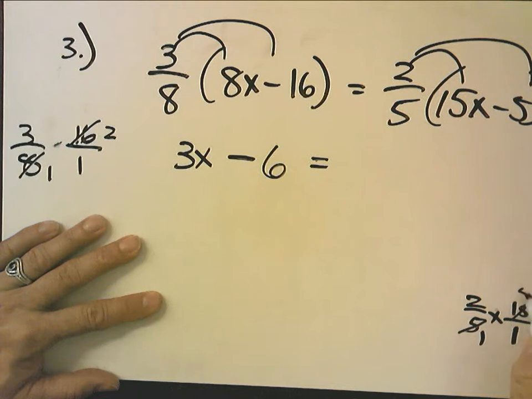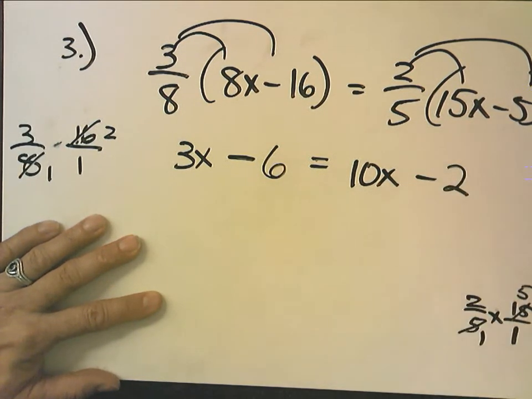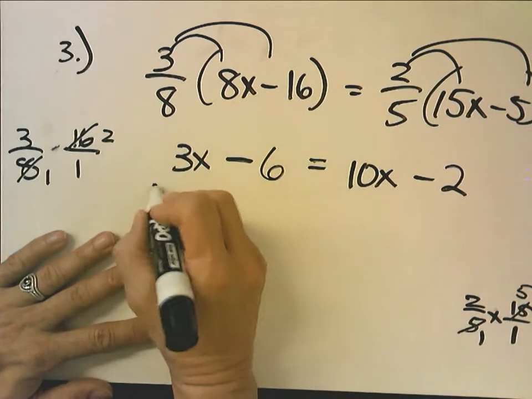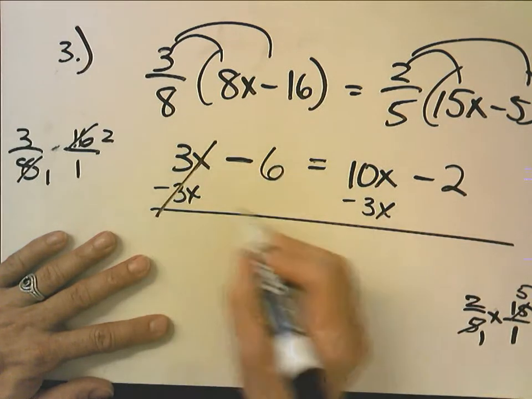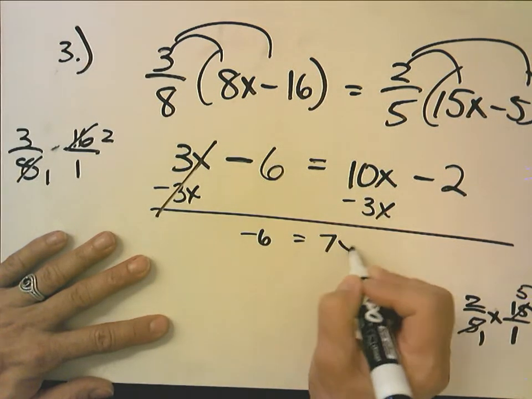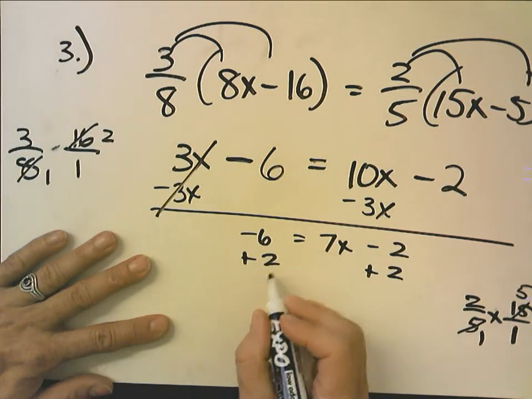That's a 1, that's a 5. So 2 times 5, 10x minus 2. I'm going to subtract 3x from both sides. Negative 6 equals 7x minus 2. Add 2 to both sides.